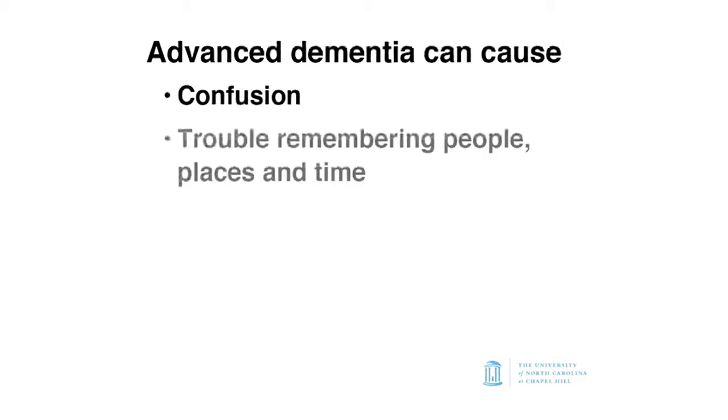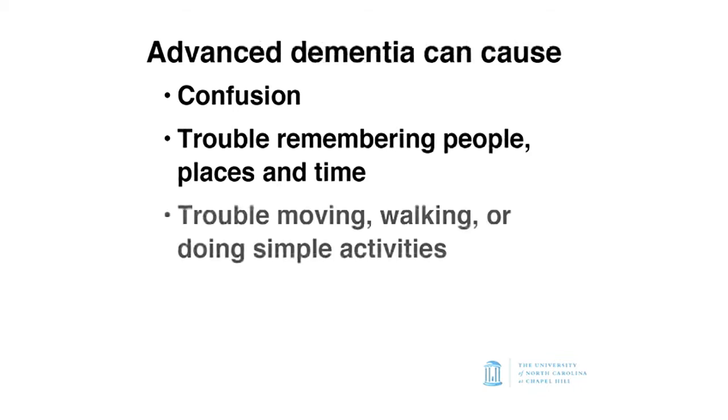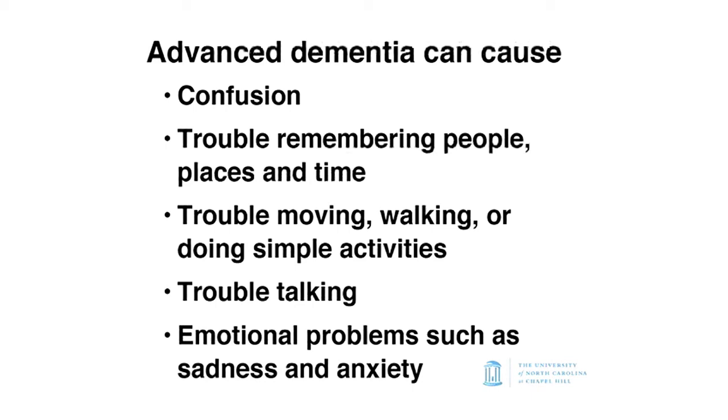Advanced dementia is the stage of dementia that is later and more serious. It can cause confusion, trouble remembering people, places, and time, trouble moving, walking, or doing simple activities, trouble talking, emotional problems such as sadness and anxiety.